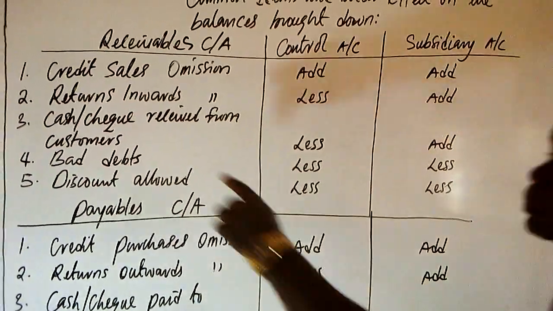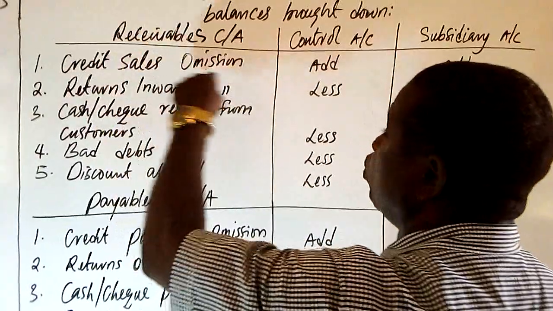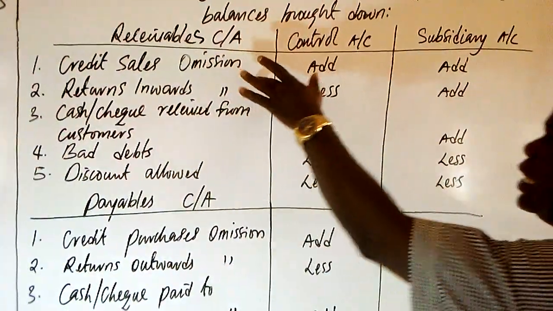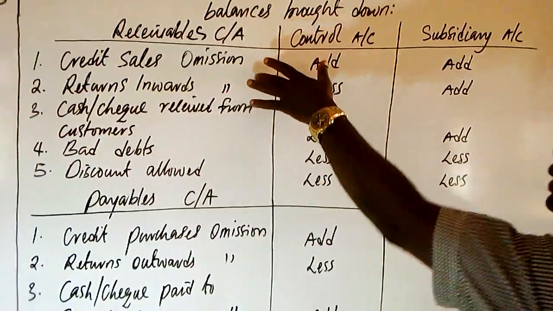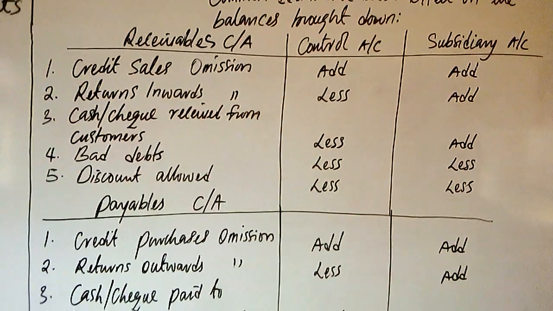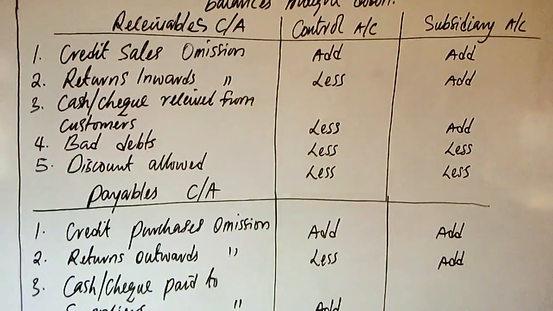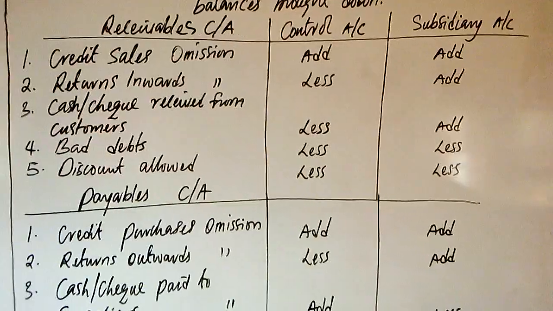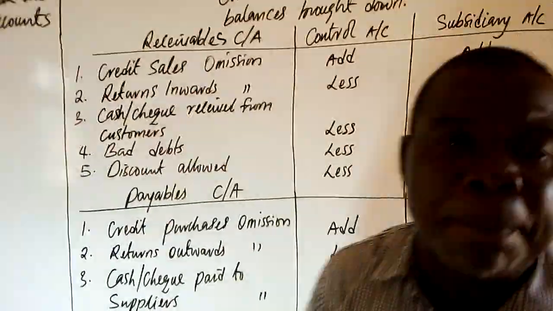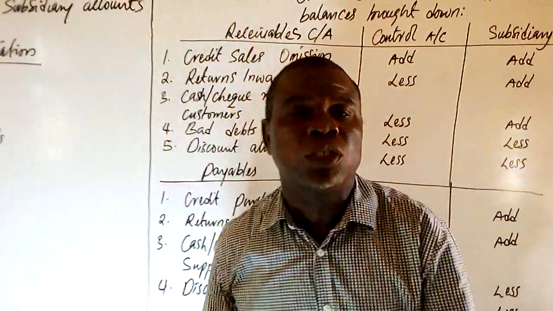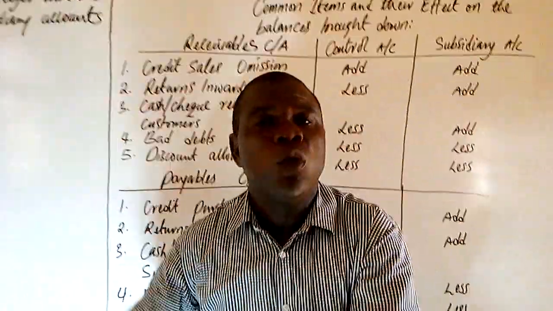So let's look at it. If you talk about credit sales, you know that in the control account, credit sales increase the balances. If there is credit sales, the total amount that debtors or customers are owing will increase.